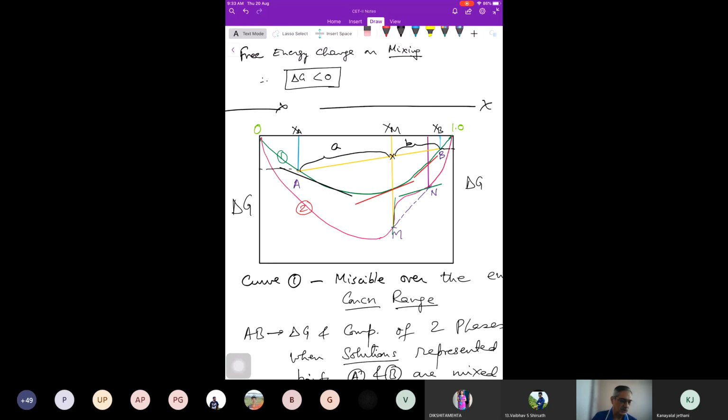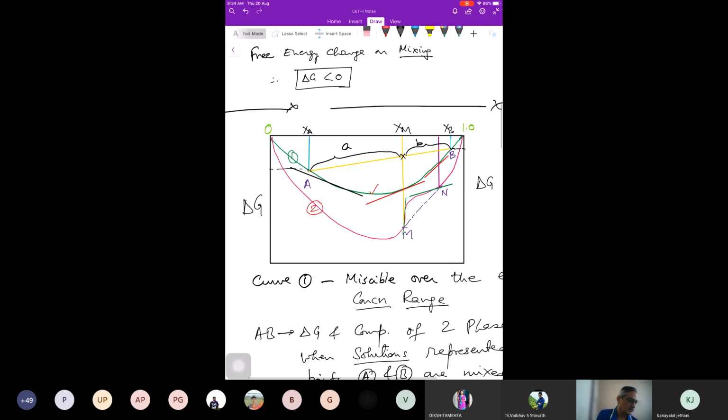So you can get two types of curves. One is this type of curve, a smooth curve, which is going from one end to other. See, delta G is all less than 0, right? We can see this here. This is 0. So delta G is negative.